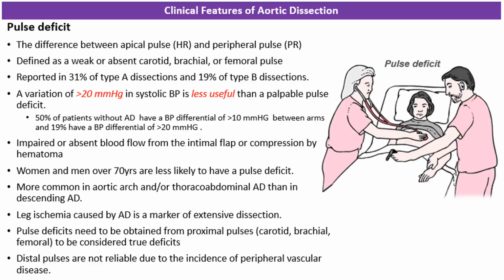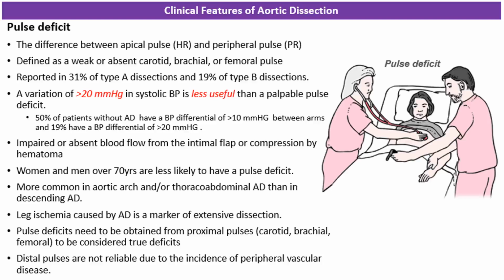In International Registry of Acute Aortic Dissection reviews, women are less likely to have a pulse deficit than men. Compared with younger patients, older adult patients, those over 70 years, were significantly less likely to have any pulse deficit. With respect to isolated lower extremity pulse deficits, mortality from lower extremity ischemia or its sequelae is uncommon.